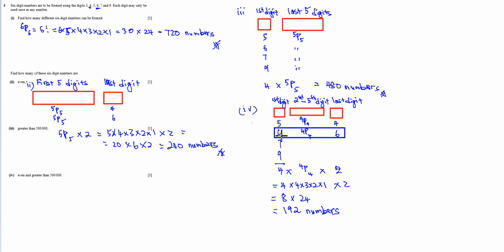Now for this case, if you have a 6 in front as the first digit and the last digit also a 6, this is not permissible because each of the 6 digits you can only use once. So we have to take this out from 192, then we will get the actual answer.